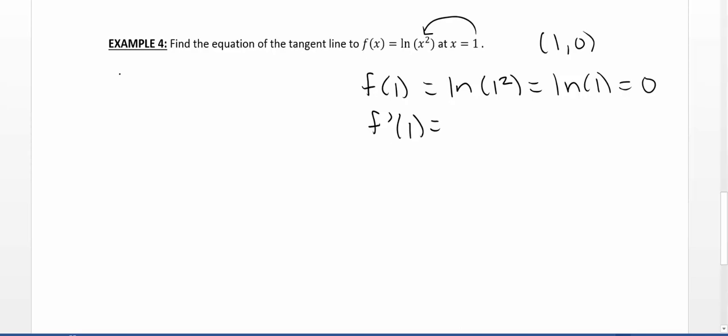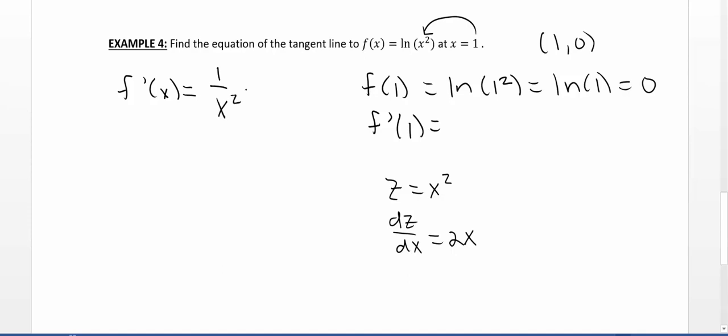To find the derivative at 1, we need to use the chain rule to find the first derivative of this function. So here, our z is going to be x squared, which means our dz dx is the derivative of that, which is 2x. Our rule says we're going to have 1 over z, so 1 over x squared, times dz dx, which is 2x.